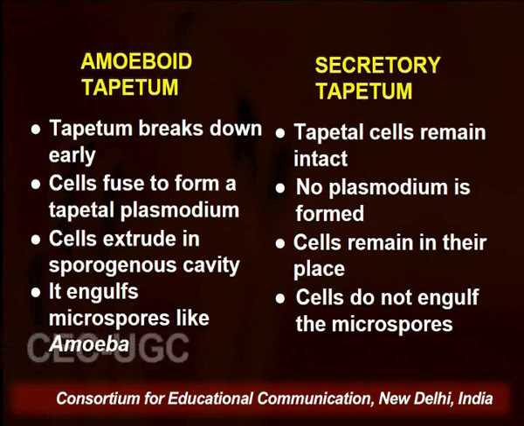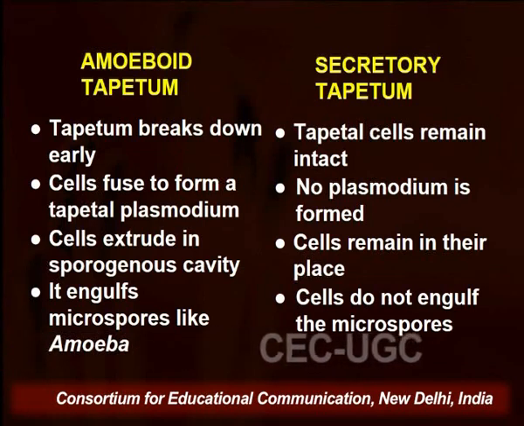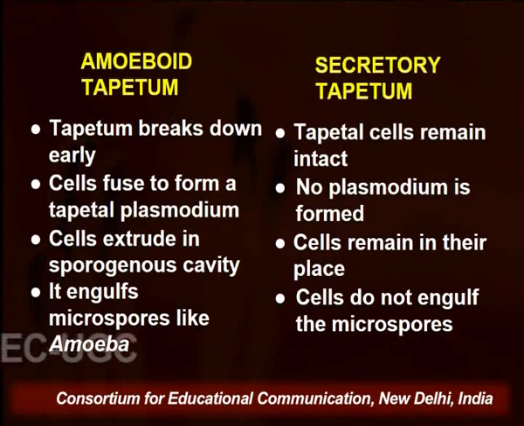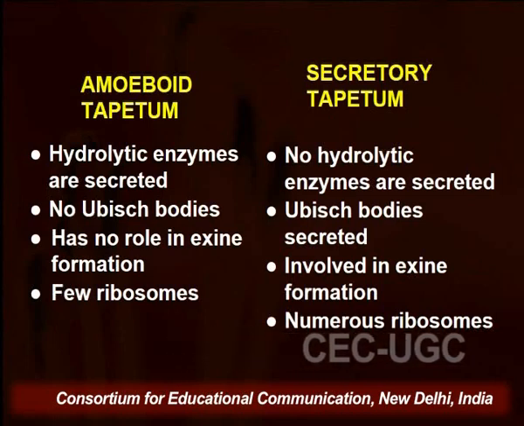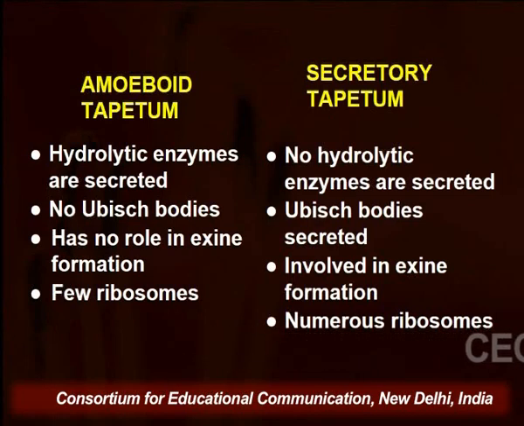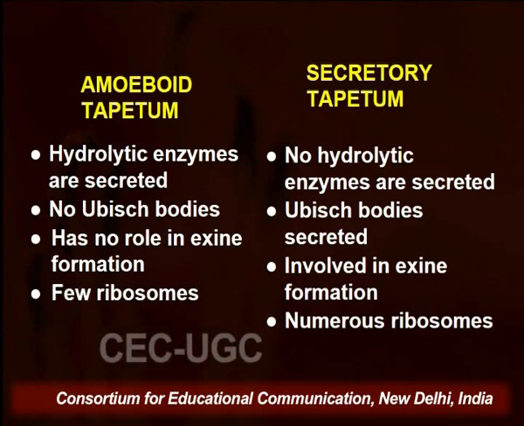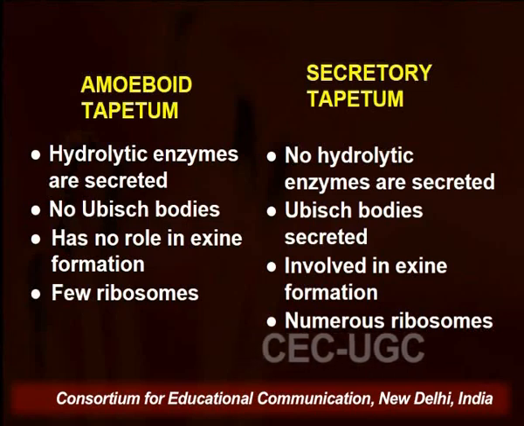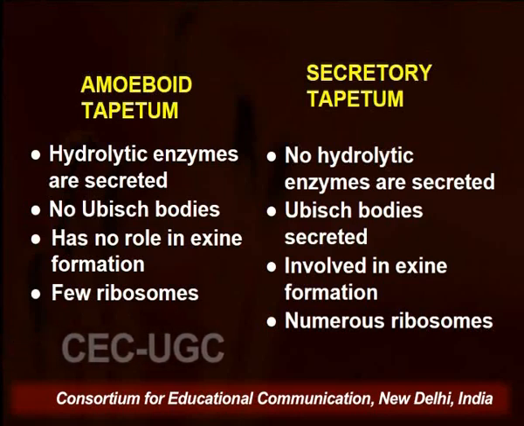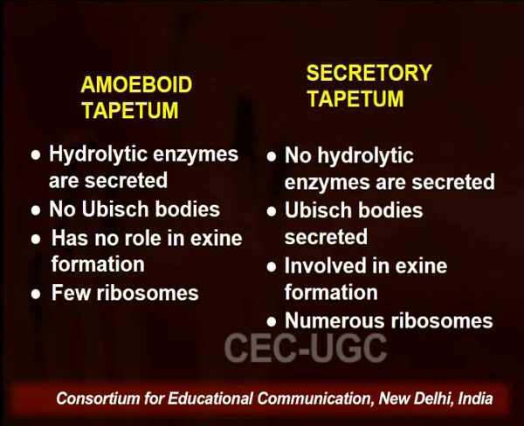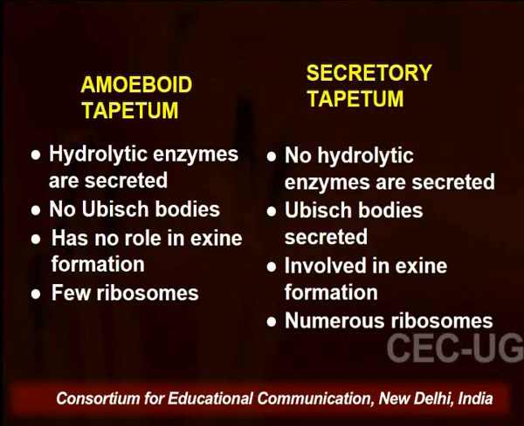Amoeboid tapetum engulfs microspores like an amoeba. In secretory tapetum, cells do not engulf the microspores. In amoeboid tapetum, hydrolytic enzymes are secreted, which eventually are instrumental in the dissolution of the cell walls. In secretory tapetum, no hydrolytic enzymes are secreted. While in secretory tapetum Ubisch bodies are present and secreted, no Ubisch bodies are formed in amoeboid tapetum.